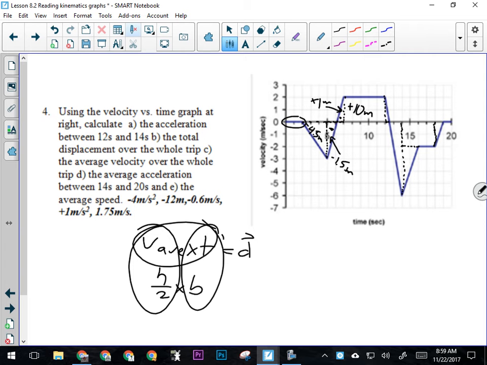Okay, so 10 meters in area. Then I have this little tiny triangle that's only a half a second on the base. Okay, because you can see this is 1 second and that's another second, so it's only half a second on the base. Okay, it's 2 times 1/2, which is 1, divided by 2, which is 1/2.